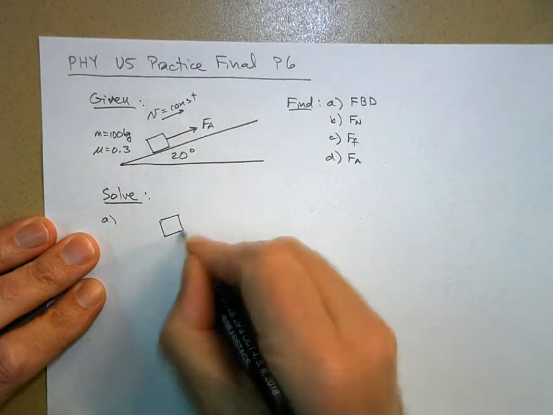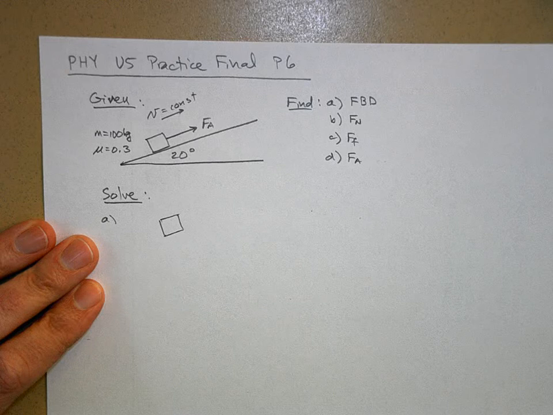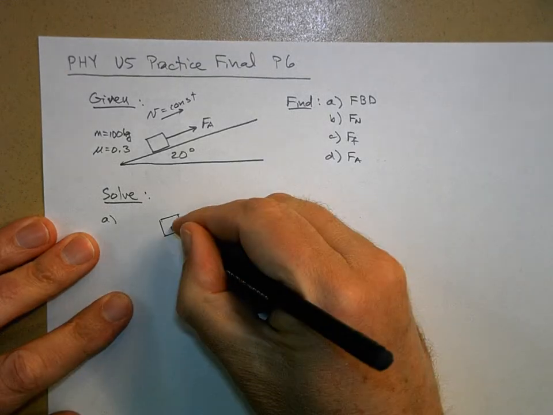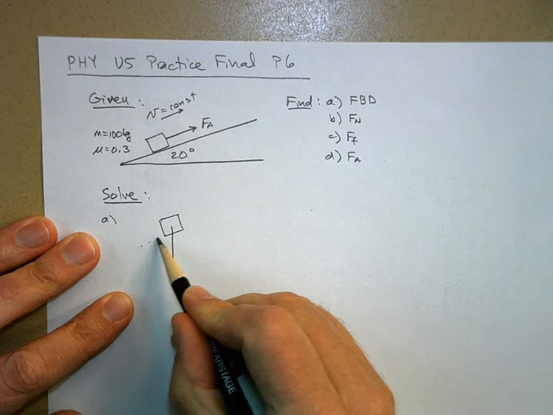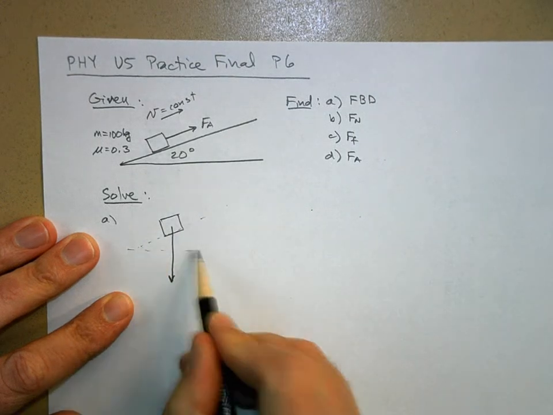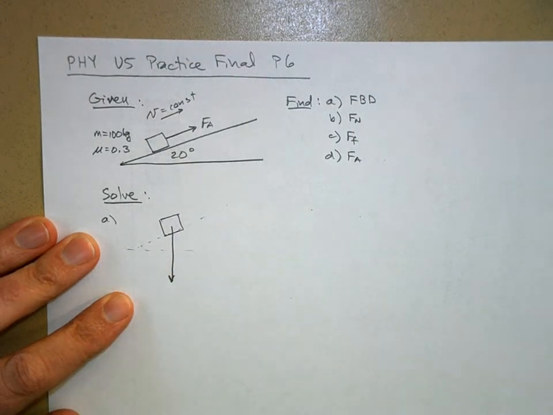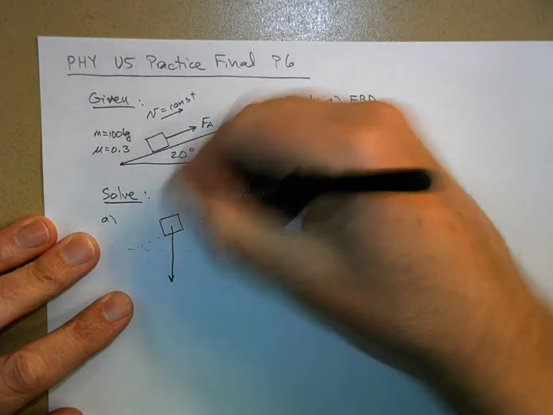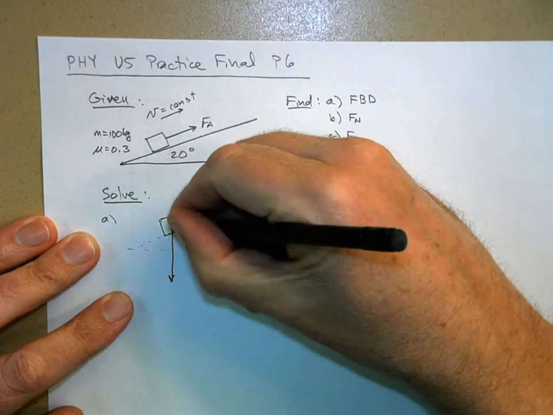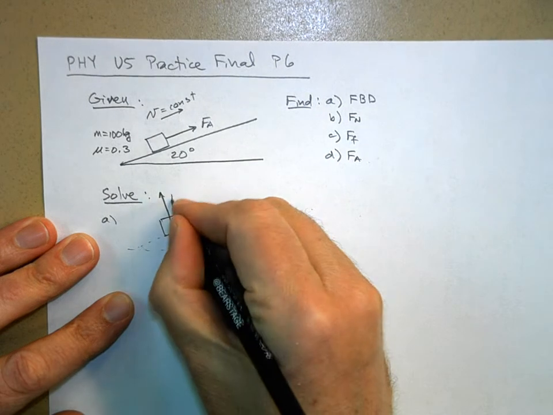I just draw the crate. I don't draw the incline. Gravity is always straight down. Now, if you drew little phantom lines like this so you can get the right angle, that's fine. But don't redraw that. You've drawn it up here. You just want to draw the crate and look at the forces acting on the crate. Here's the normal force, right?